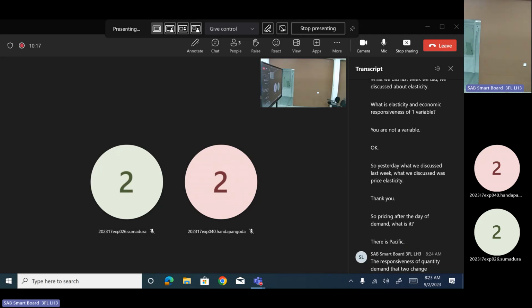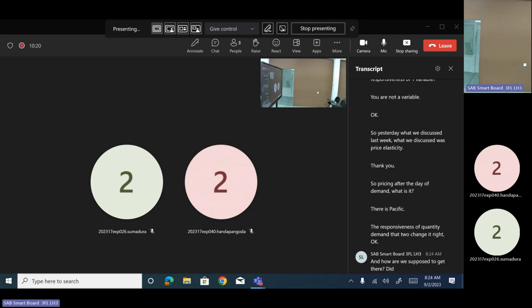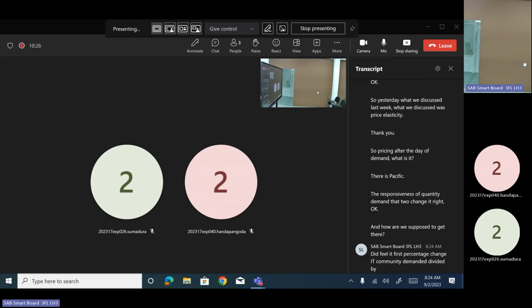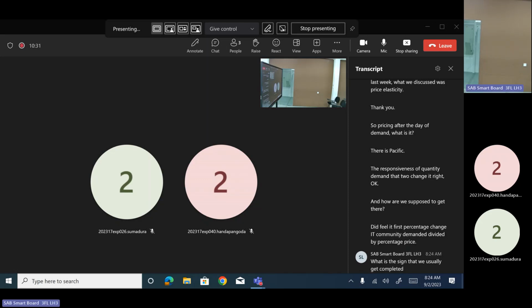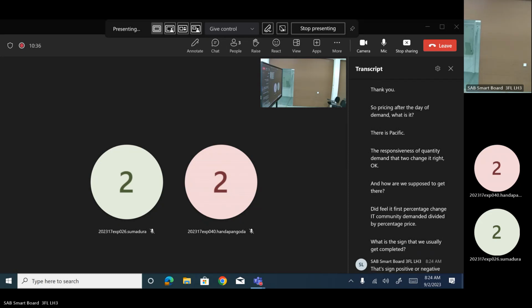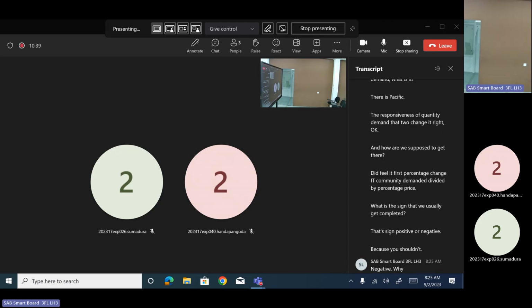And how are we supposed to calculate it? First, percentage change in quantity demanded divided by percentage change in price. What is the sign that we usually get from PED? Positive or negative? It is usually negative. Why?